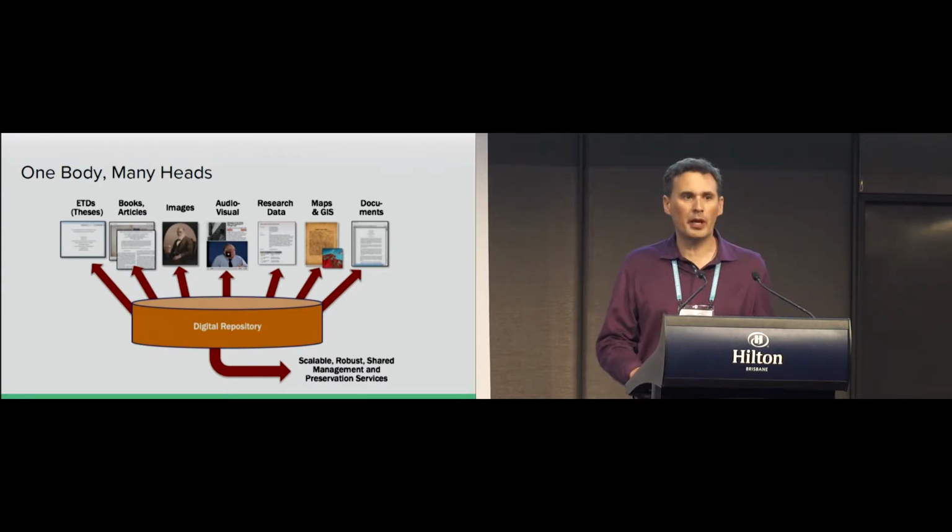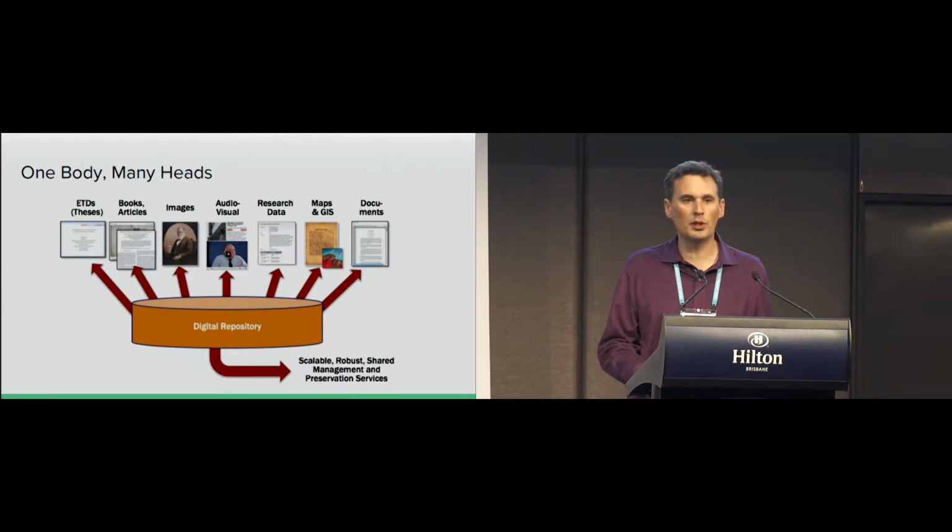That said, I haven't figured out how to draw this as a tree yet, and so I'm going to present, for those of you who are not familiar with the architecture or the aspirations behind Samvera, what a repository is all about, which is that there are great systems and methods for maintaining individual types of digital content, and many of us have multiple types of these systems in our individual environments. Unfortunately, those end up being rather onerous to maintain in multiple forms.